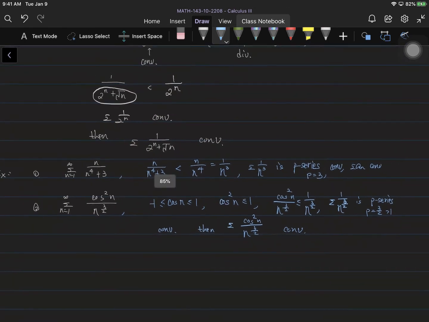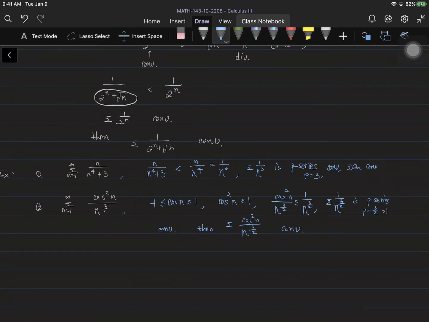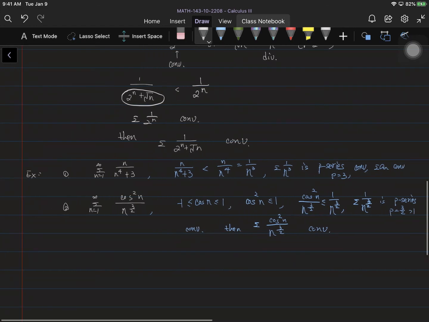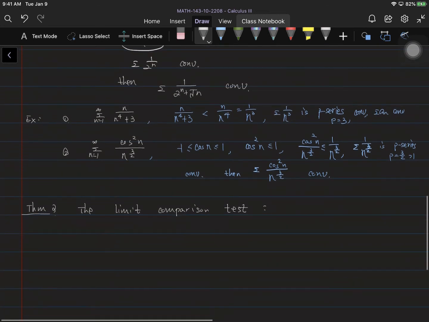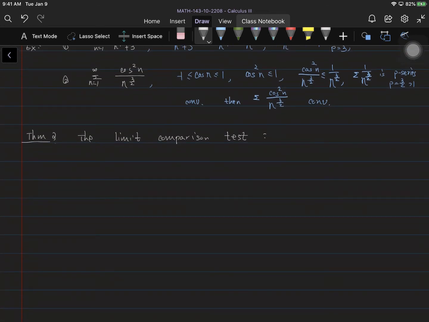So in this section, we are going to do two theorems. One theorem is called the comparison test. The other test is called the limit comparison test. Okay, they are all comparison tests. Same thing, we have non-negative term series.